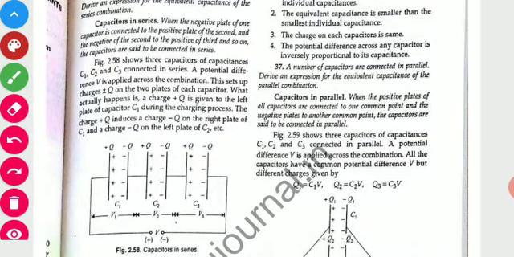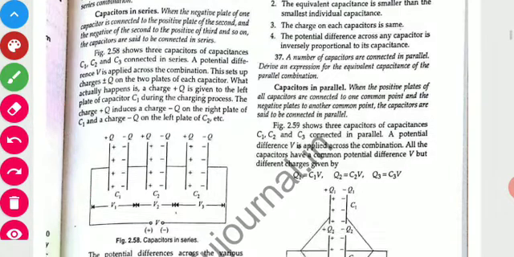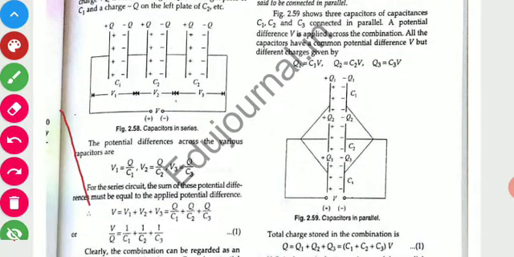When we join the capacitors in this manner as shown in the figure, that is, if we join the minus side of one capacitor to the plus side of another capacitor, then we get the series combination. In this we have the formula for series equivalent capacitance.